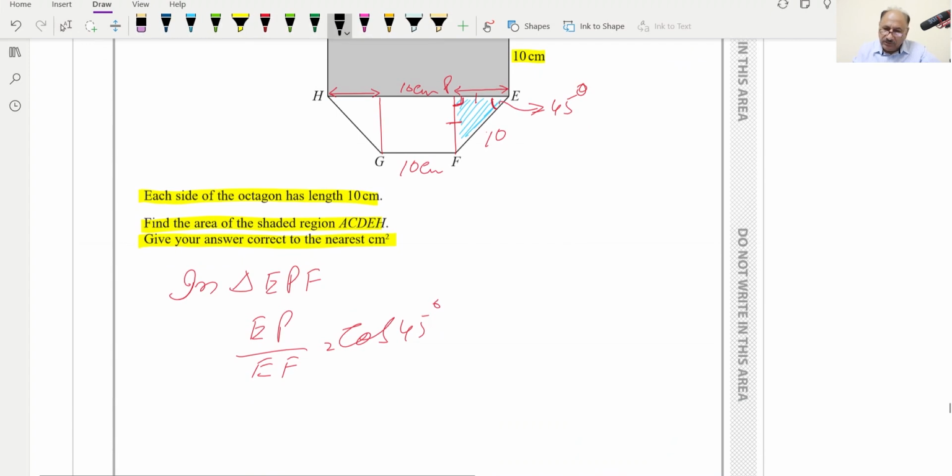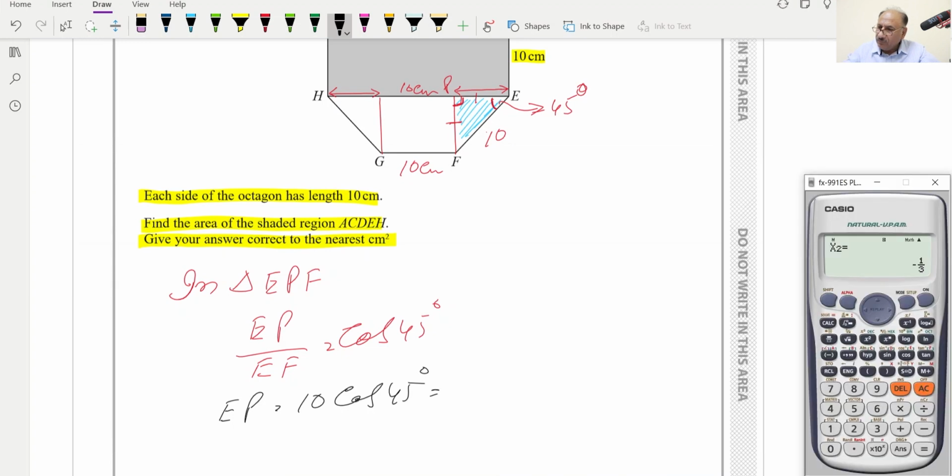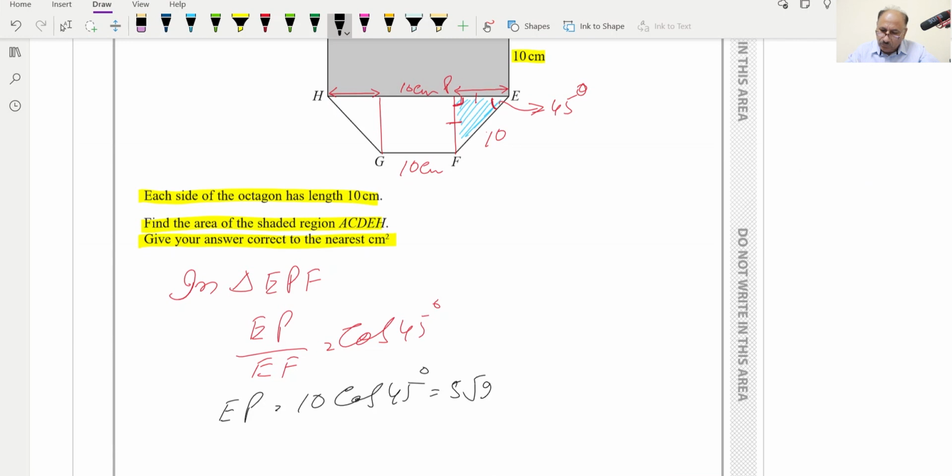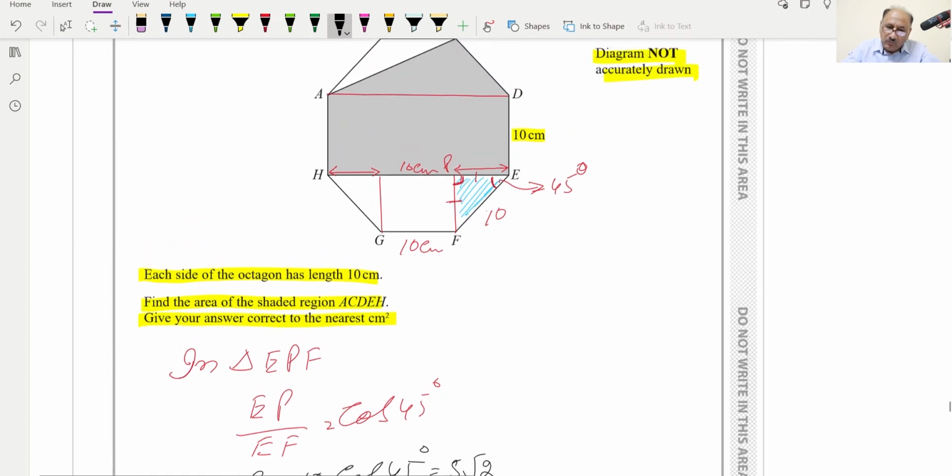EP is our target to find, and EF is 10, so 10 cos of 45 degrees will be equal to 5 under root 2. So we got these two values. This will be 5 under root 2 and this will also be 5 under root 2.